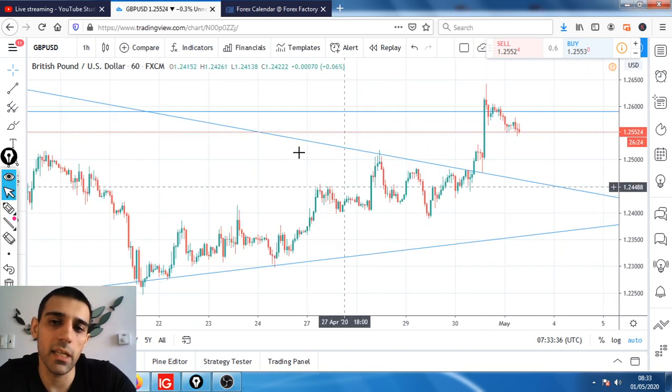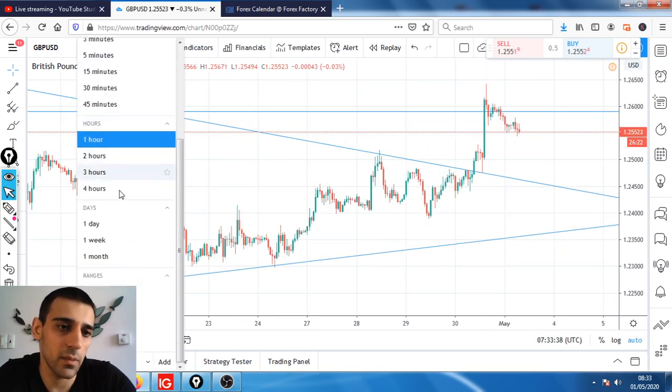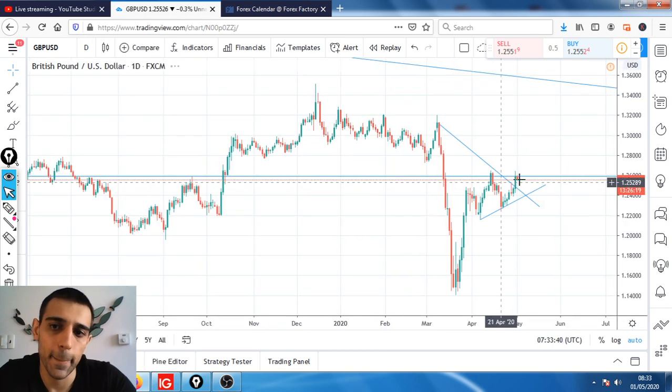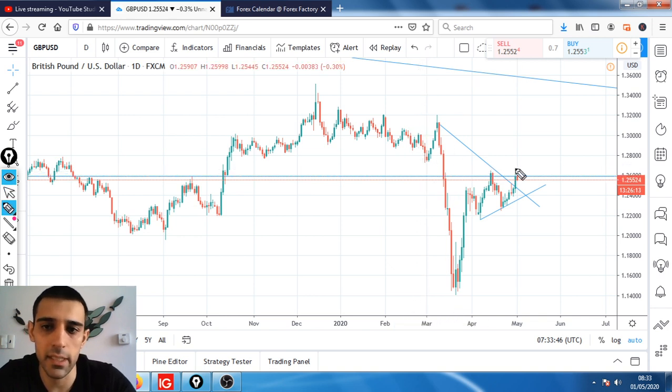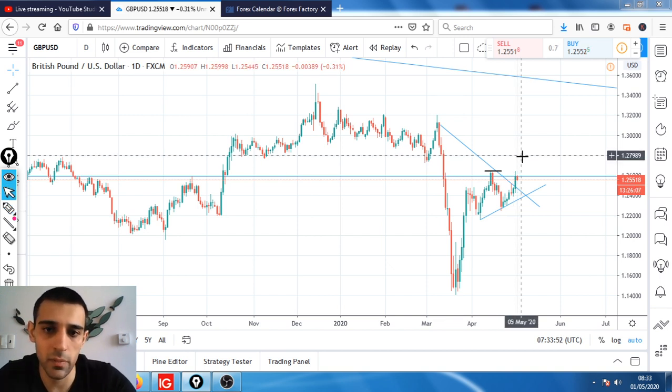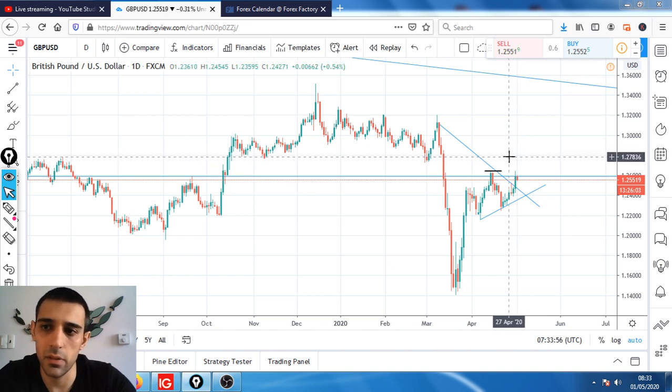As for the targets, I will be looking for faraway targets because this is more like a swing opportunity. I would expect the price to break this high here. So this is going to be more of a swing opportunity rather than a day trade, because I don't see a day trade opportunity on this one.